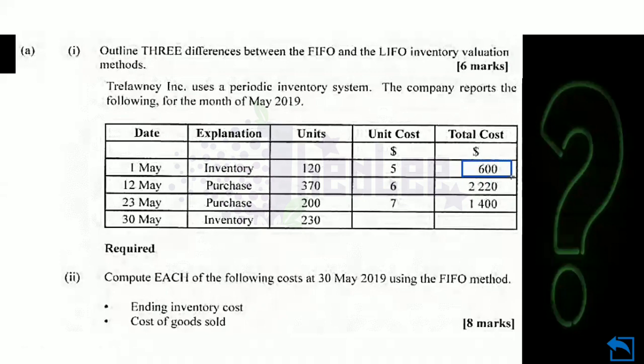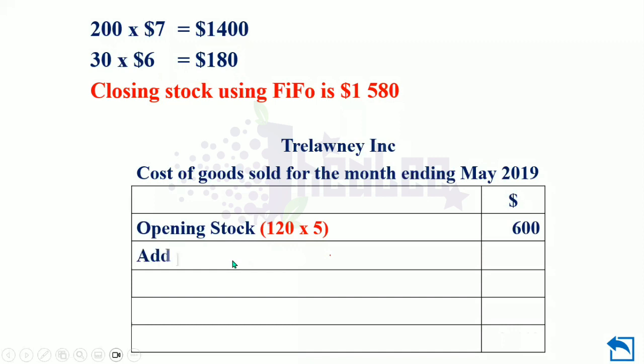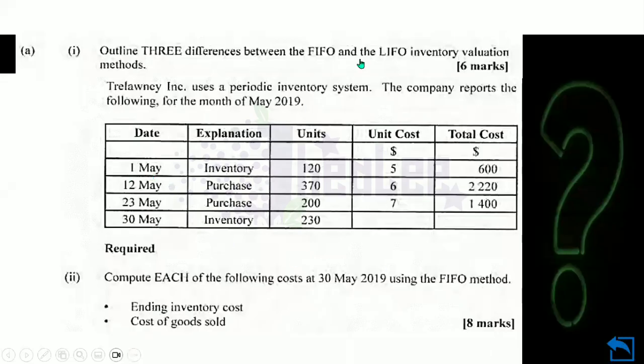Instead of showing the workings too, you could just simply pick up this value from the total cost column for May 1st. Now we're going to proceed to add purchases because we have our opening stock. And remember, there were two sets of purchases. So from the question, our first set of purchase was made on May 12. Total number of units purchased, 370, at a cost of $6 each.